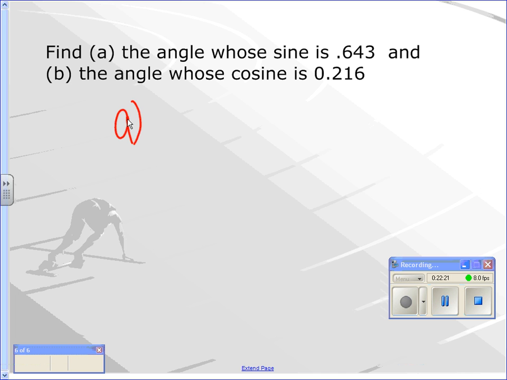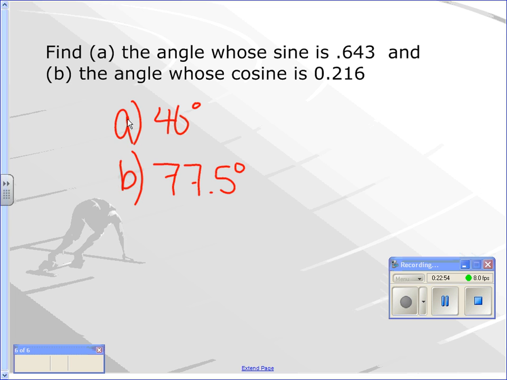What would the answer for A be? No, that's what I got.